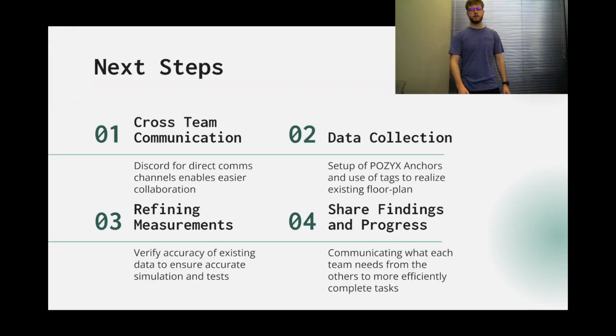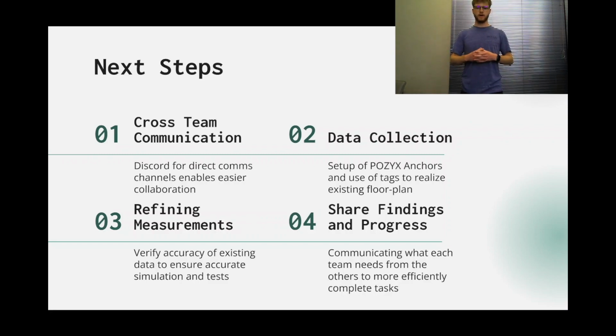Moving forward and carrying on to sprint number 2, we developed some other future-proof steps. One, we're developing a Discord channel for all the different teams to communicate more efficiently together, so the software, the hardware, and hopefully the systems can come together and combine better shared locational files. Data collection for the setup of POSIX, like Alec mentioned, we're going to do more with the tags and working with the existing floor plan.